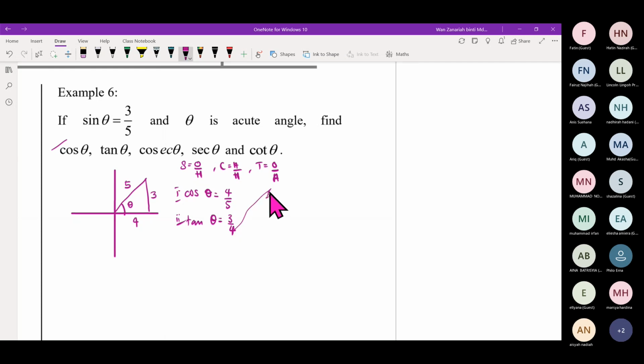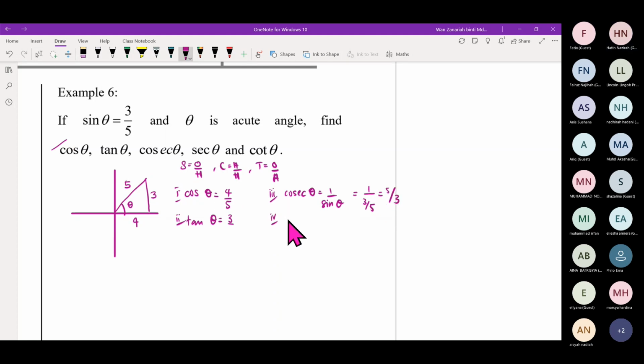Okay. Cosecant is what, dear? 1 over sine theta. So the answer is what? 5 over 3. Very good.